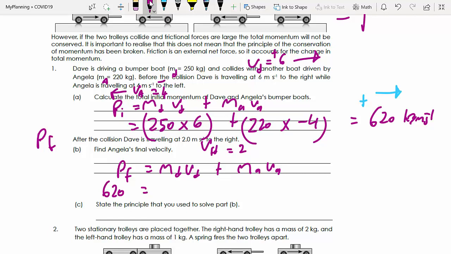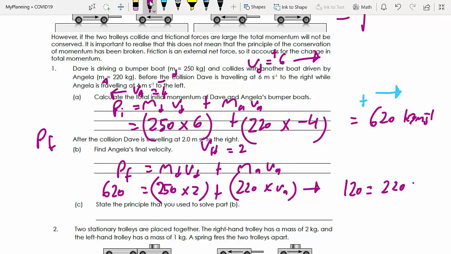We assume Dave's mass hasn't changed, so 250, with a velocity now of 2, and Angela's mass hasn't changed at 220, and now we're looking at the final velocity of Angela. So 620 minus 500, 250 times 2, is 120, equals 220 times the velocity of Angela. 120 divided by 220 gives me a velocity of Angela of 0.54 meters per second. That is a positive number, so that is to the right.